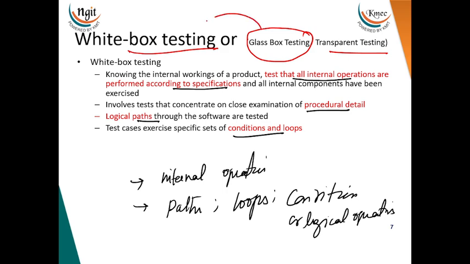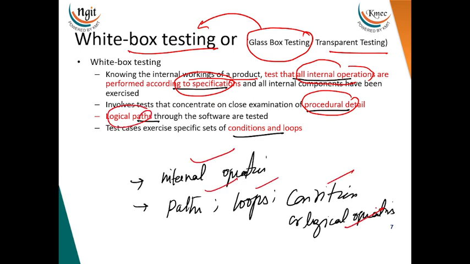It is called white box testing. Knowing the internal working, it tells you all the internal processes and all the specifications regarding that. It involves close examination of procedures. So logical paths also, it goes for internal operations, paths, loops, conditions or logical operators. All this will be done in white box testing.